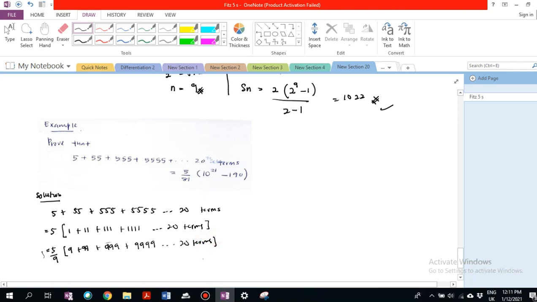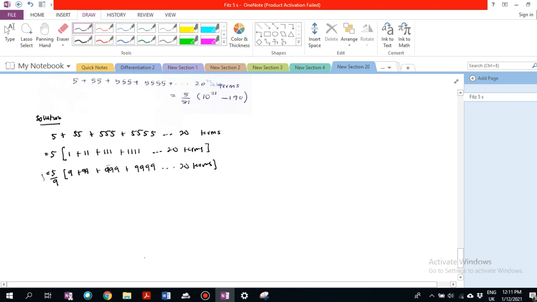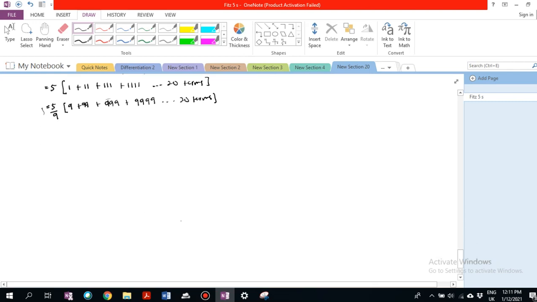So we can put the sequence as 5 over 9 times (10 minus 1, plus 100 minus 1, plus 1000 minus 1, and 10,000 minus 1) in terms of 20 terms.